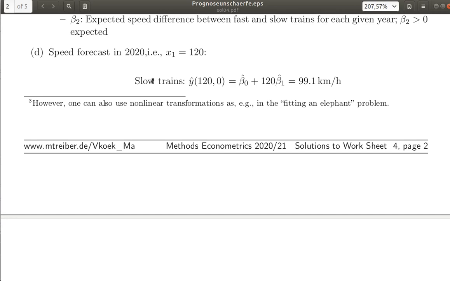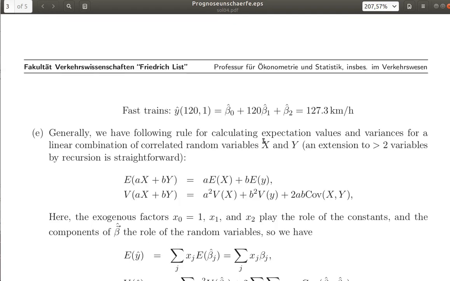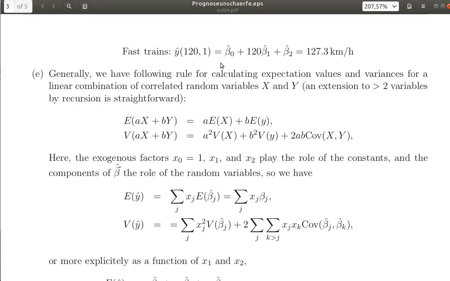So for the slow trains we have just this constant, then 120 times beta 1, and no beta 2 because the dummy for slow trains is 0, so 99.1 kilometers per hour is the expected speed. For fast trains just the dummy is added, so beta 2 is added, so we have 127, which is a plausible value.